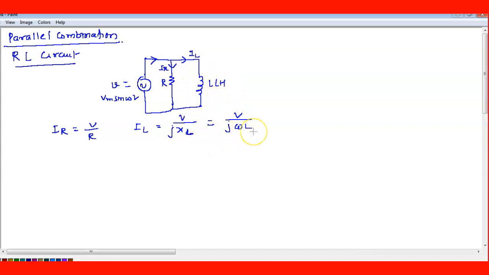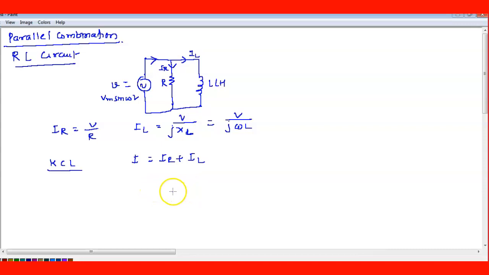Now applying Kirchhoff's current law, I is equal to IR plus IL.